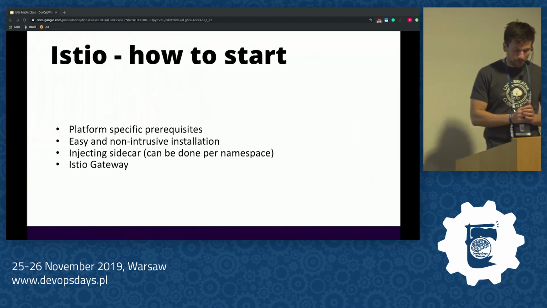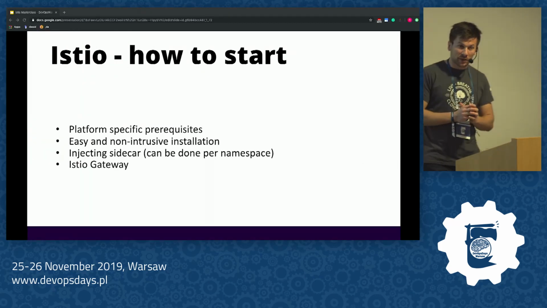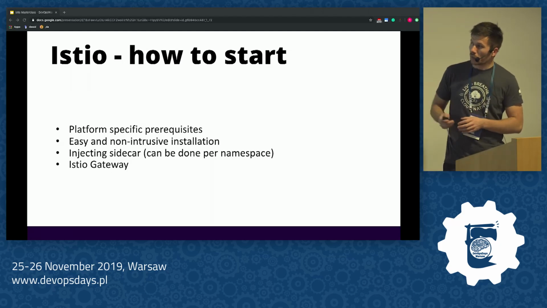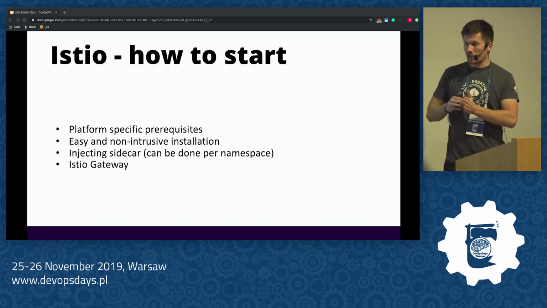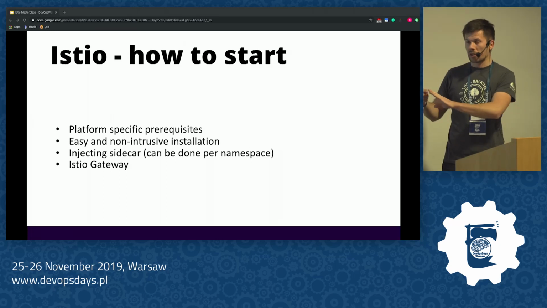So, how to start with Istio? If you are convinced, then you need to do not much. First of all, you need to do platform-specific prerequisites. Depending on where your cluster is, if it's on Google, Amazon, wherever, you need to go to the Istio docs and do something specific for that cluster.